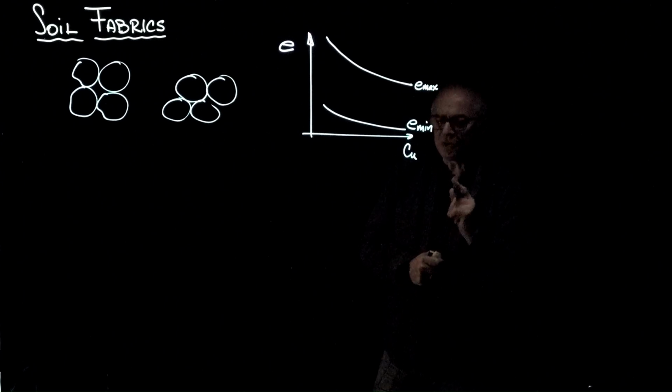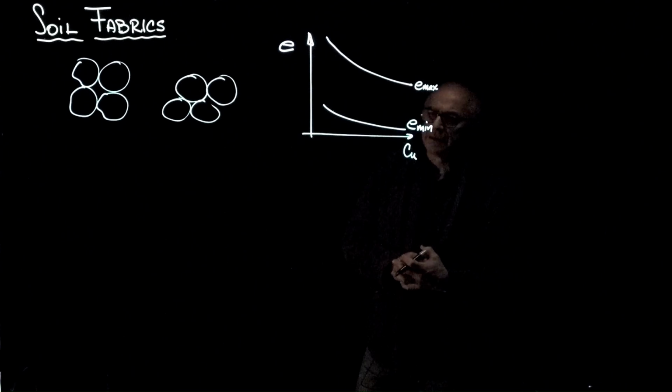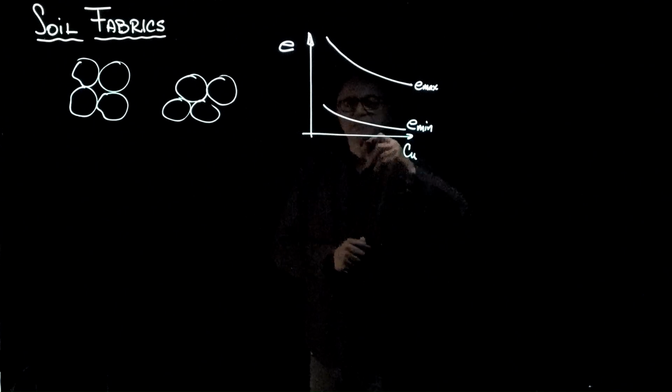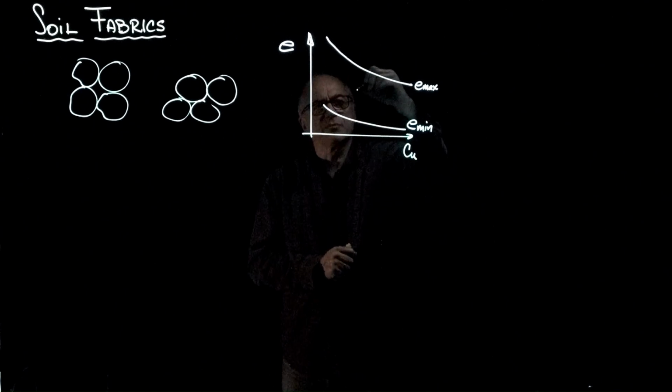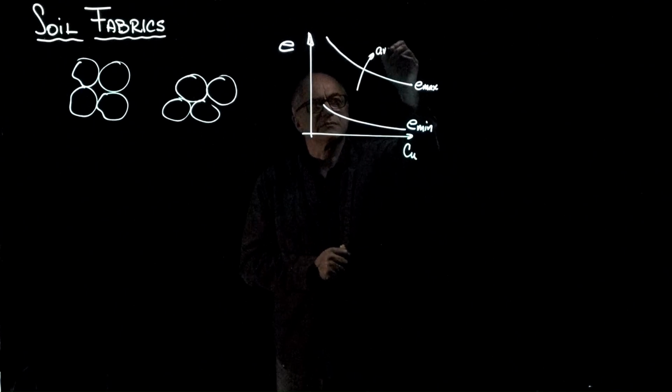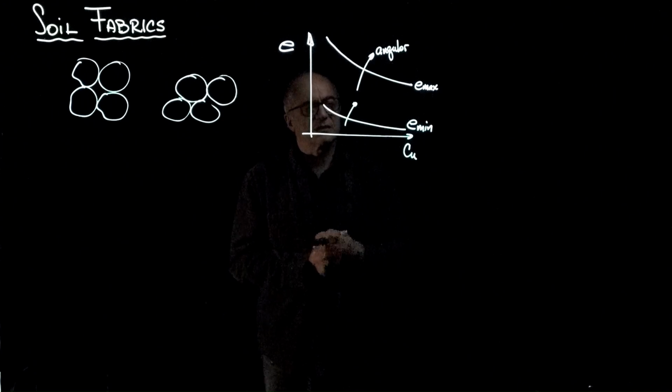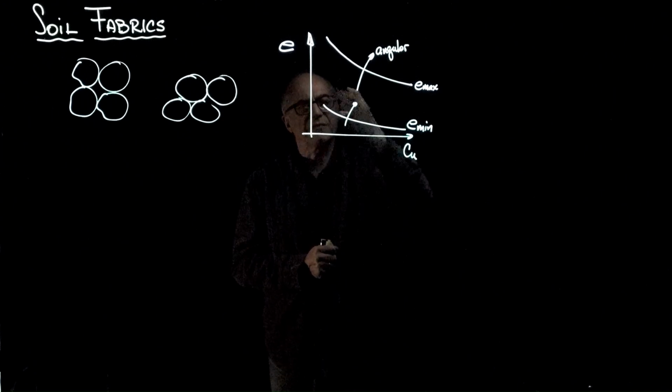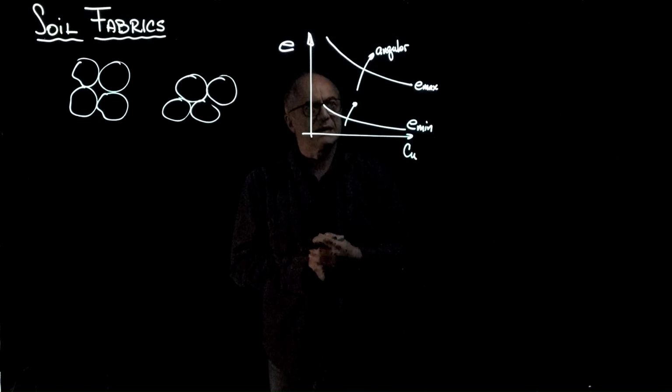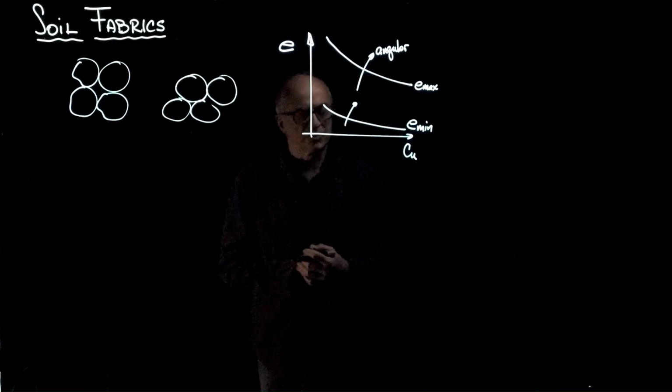But there is one more parameter that we tend to disregard for the packing density, and that is the shape. So as particles become increasingly more angular and less spherical, these charts show us that we have a higher minimum and a higher maximum void ratio.